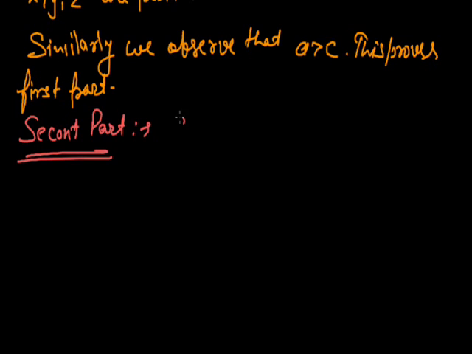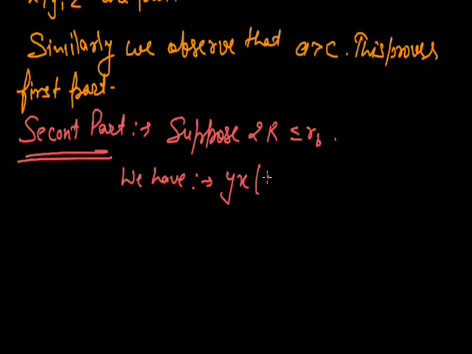To solve this, let us suppose that 2R is less than or equal to r_b. Proceeding as before, we have yx(y plus x) plus yz(y plus z) is less than or equal to xz(x plus z).